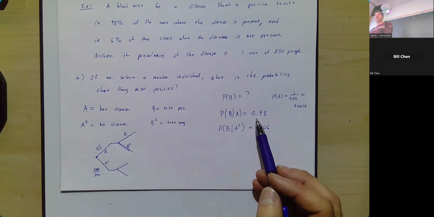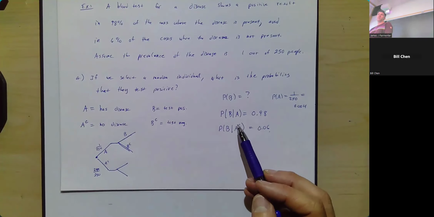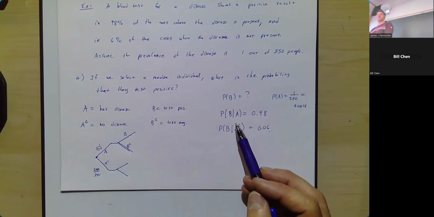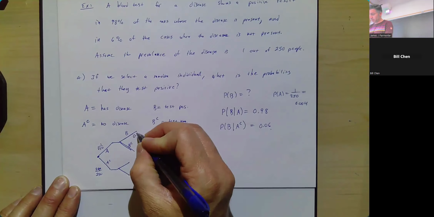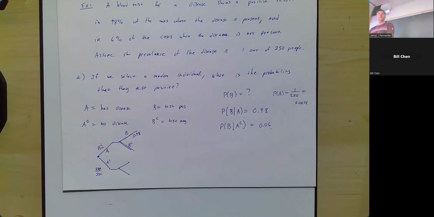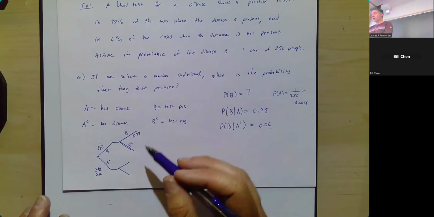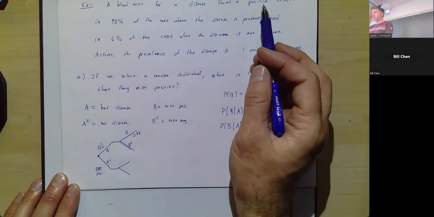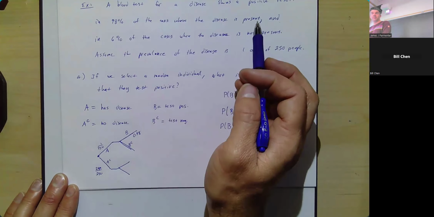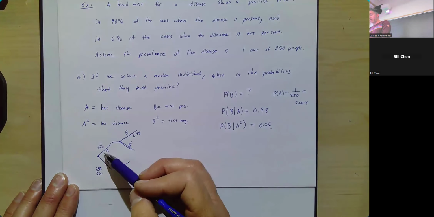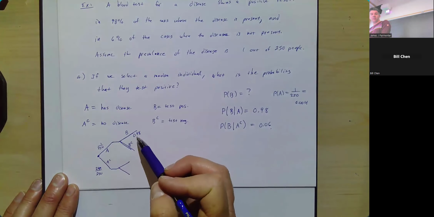Given that we have the disease, what's the probability of testing positive? 0.98. Right? They told us in the problem, they said a blood test for a disease shows a positive result in 98% of the cases where the disease is present. So given that the disease is present, the probability of testing positive is 0.98.